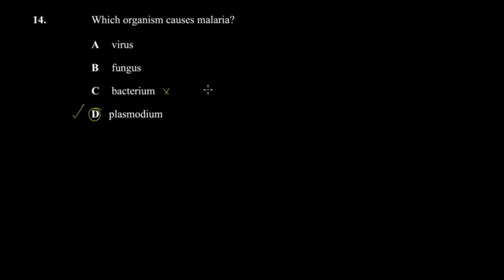It's a parasite, and what this parasite does really is that it inserts itself into a host, into an insect host. For our case, the insect would be a mosquito. So this one is called a host.